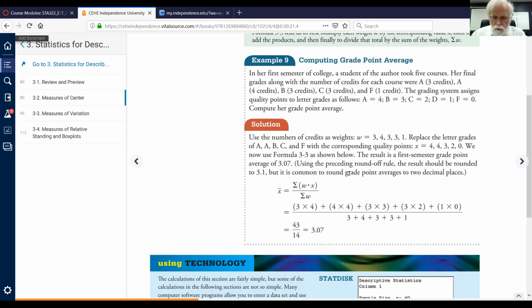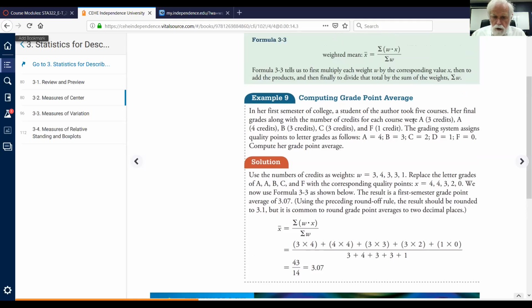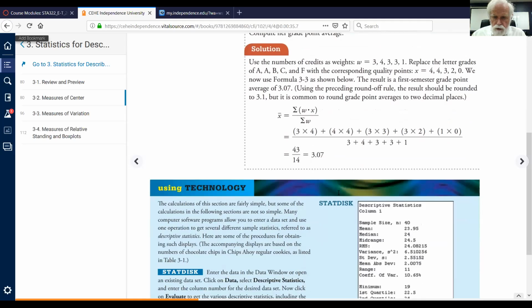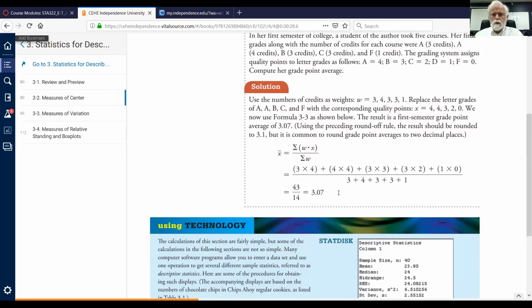Now use that formula, using the number of credits for each course. One A was in a 3-credit course, a B or an A was in a 4-credit course, etc. So we multiply all these things out, that weighted average. The student who got an A, B, C, and F has a weighted average of 3.07 for his or her grade point average for that semester.